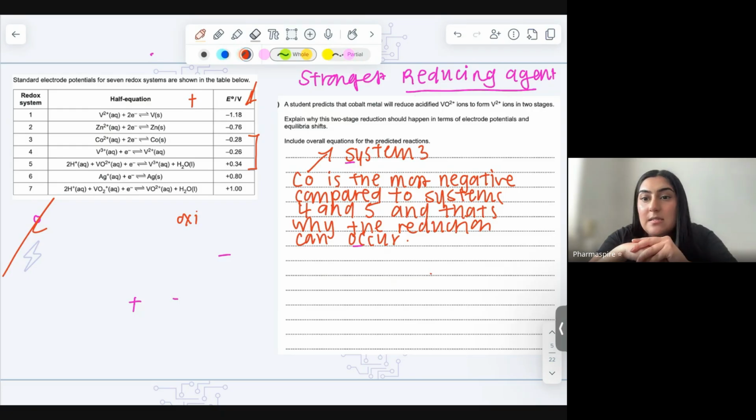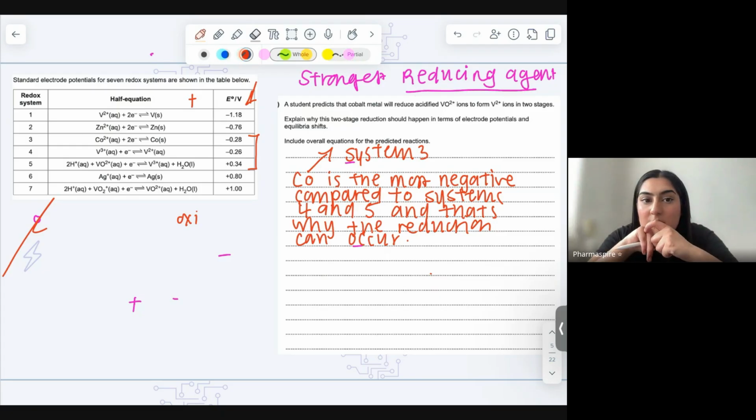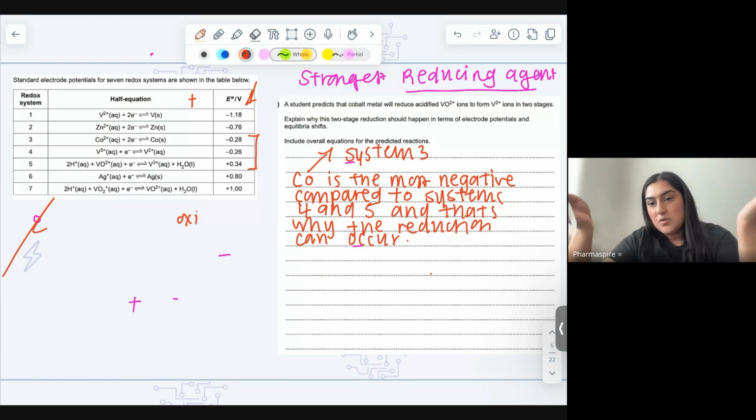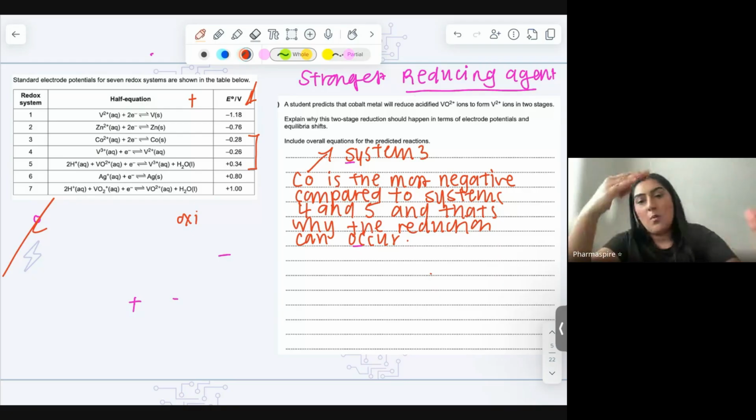As long as you say the system, it's fine. So this question is, I think, OCR, but AQA asks the same sort of questions. Even if it's inequalities, you're still saying most negative, most positive. I've got AQA questions in here as well. I've put one OCR, one AQA, one OCR, one AQA, so it's quite fair.